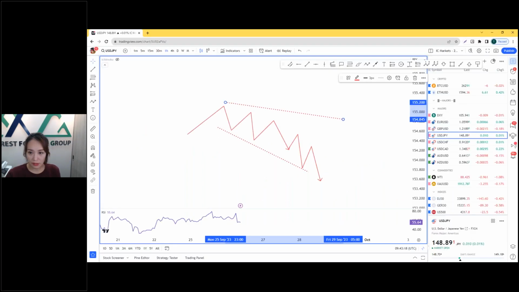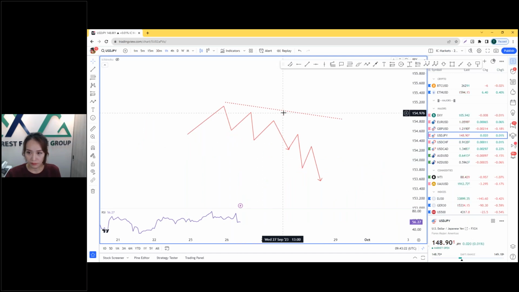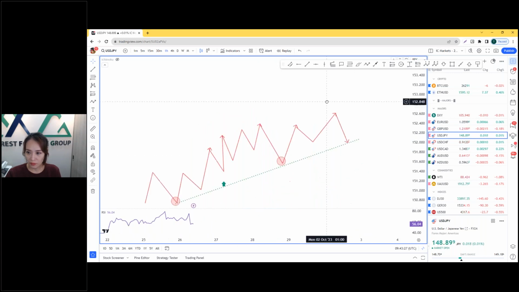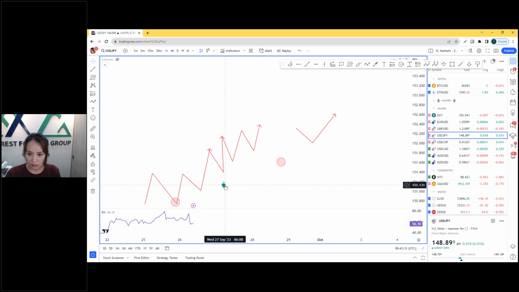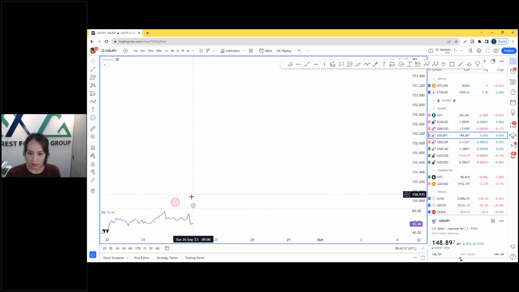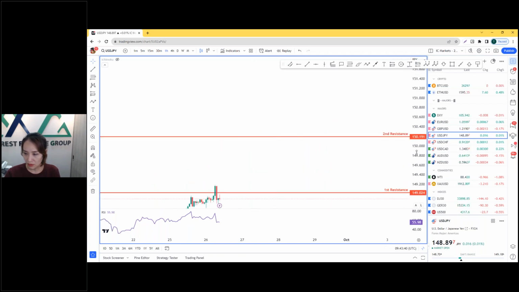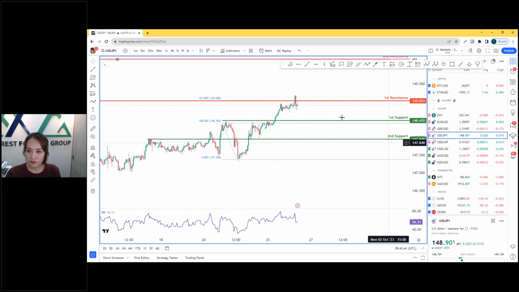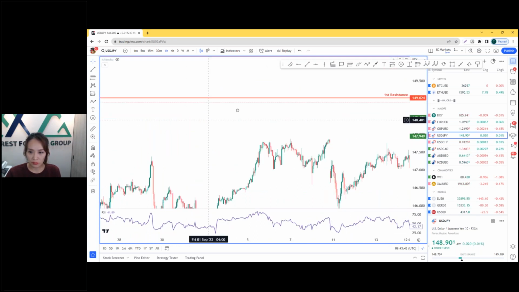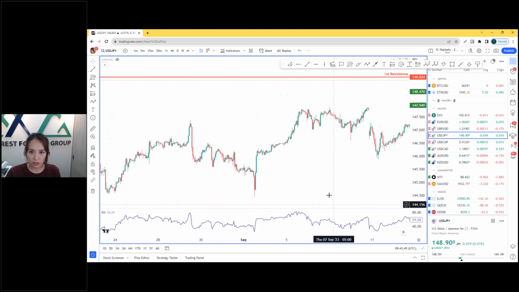For example, here you want to find support and resistance, and you don't know how to identify.